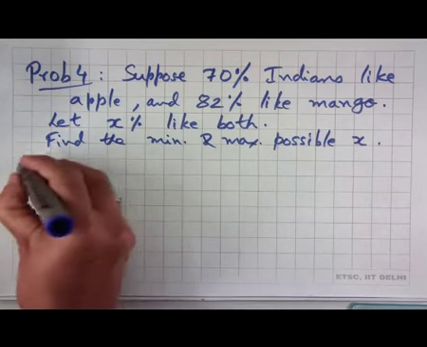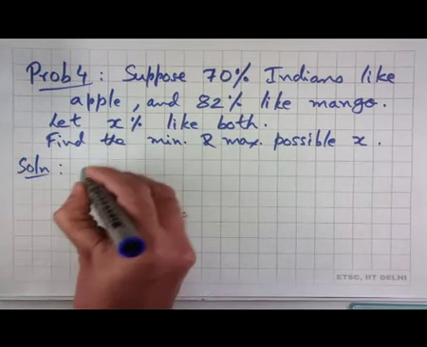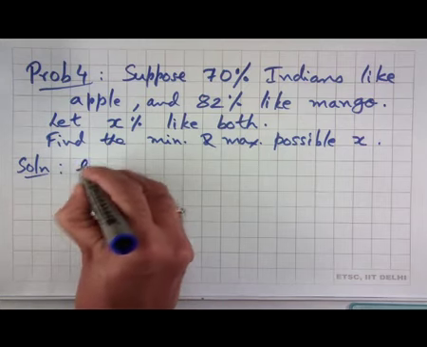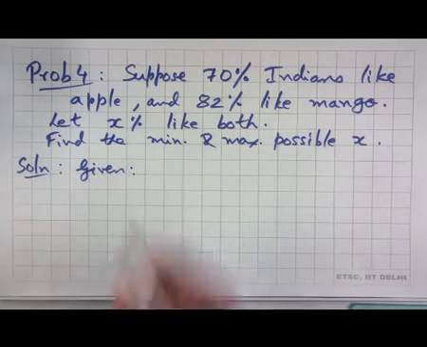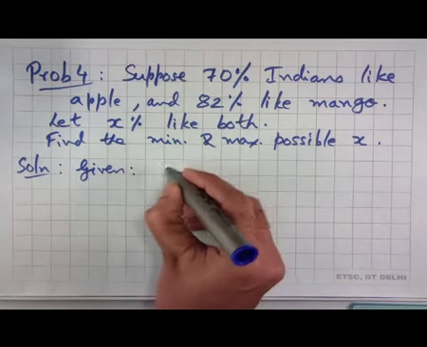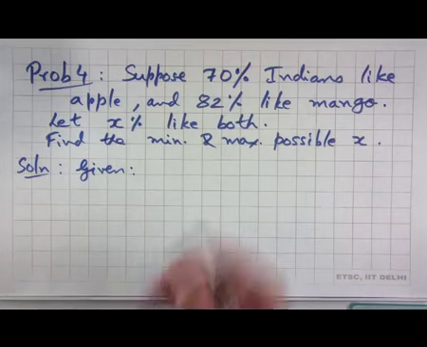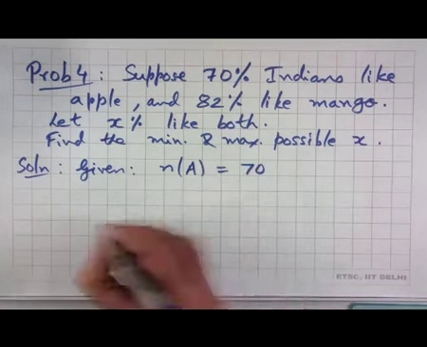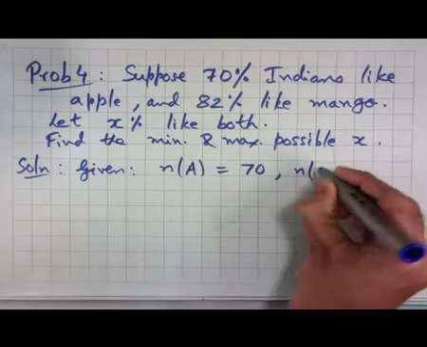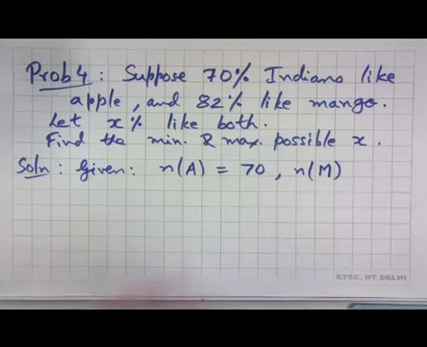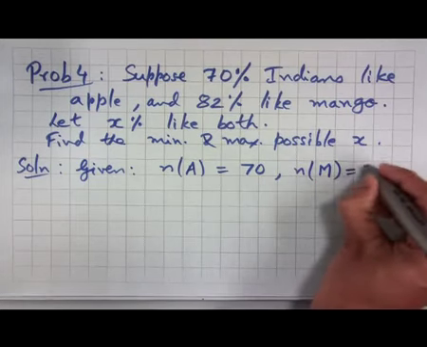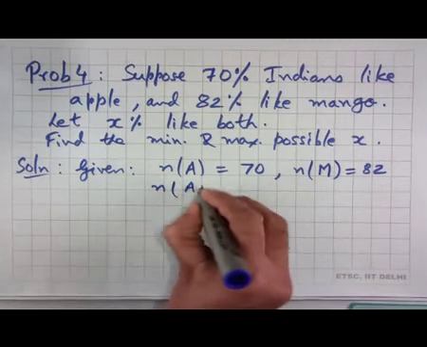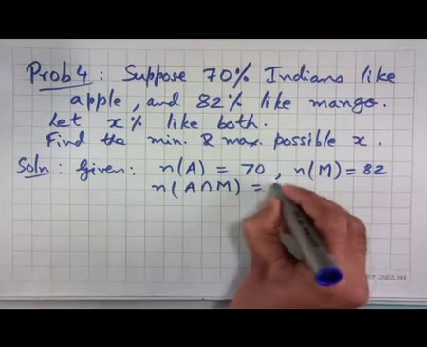So, here what is given is, if I write A to be the percentage of people who like apple, then n of A is 70, n of M, the number of people who like mango, is 82%, and n of A intersection M is x%.